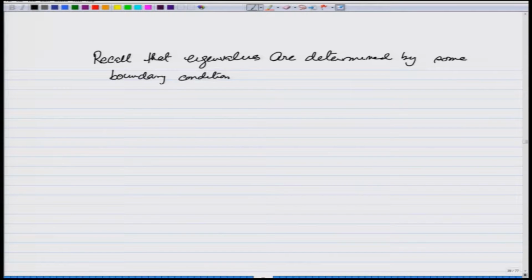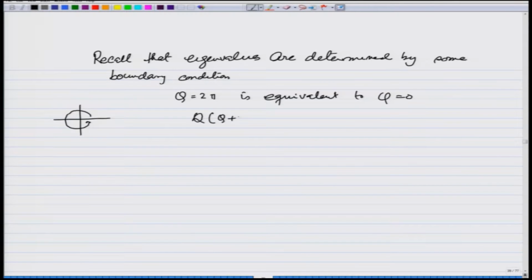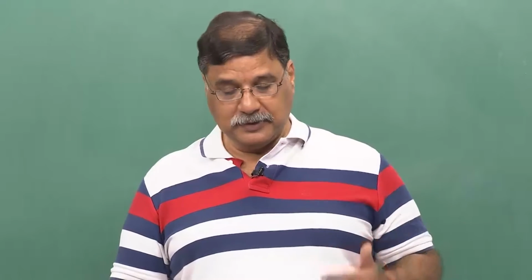Now, what is the boundary condition in this case? If I take the x-y plane and let phi go around once, phi equals 2 pi is equivalent to phi equals 0, and therefore the wave function Q(phi plus 2 pi) should be the same as Q(phi). Otherwise, the wave function will keep changing as you go around once, twice, thrice.